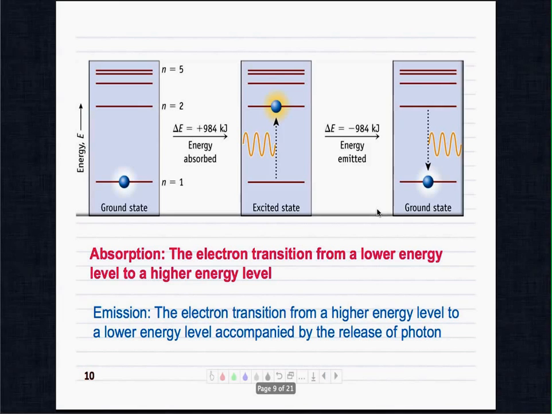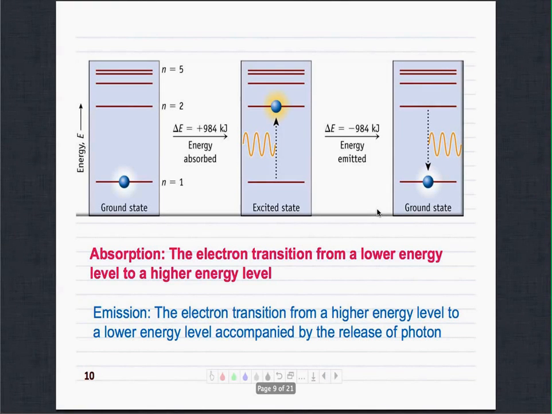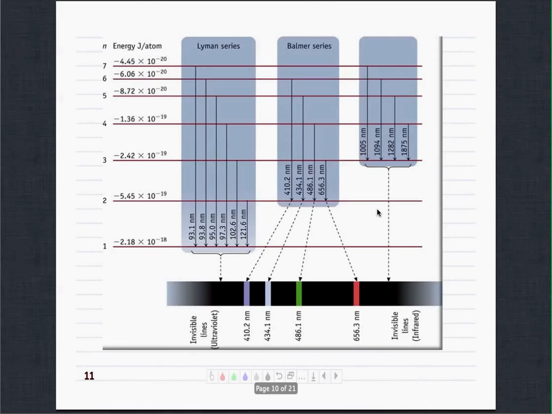Now let's start with hydrogen, which is the first lamp that we saw, and some of you saw the red, green, and blue colors in there. Those red, green, and the two blue colors go back to what we call the Balmer series.